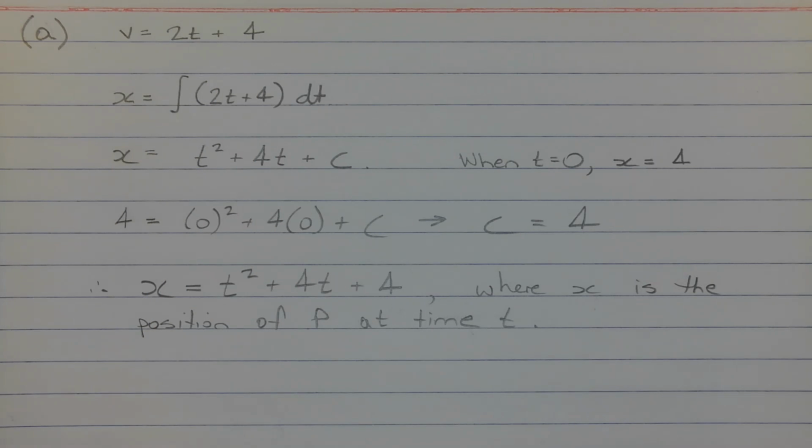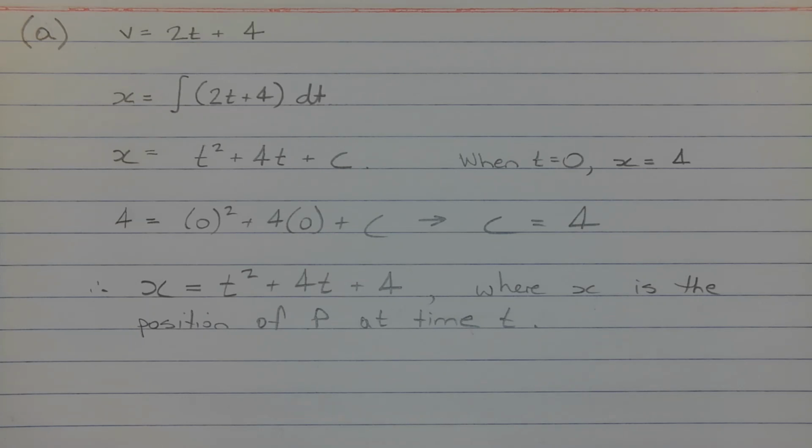In other words, we integrate v with respect to t. So the position x is equal to the integral of 2t plus 4 dt. Performing the integration, we get x is equal to t squared plus 4t plus c, and the c is the constant of integration which we will need to find.